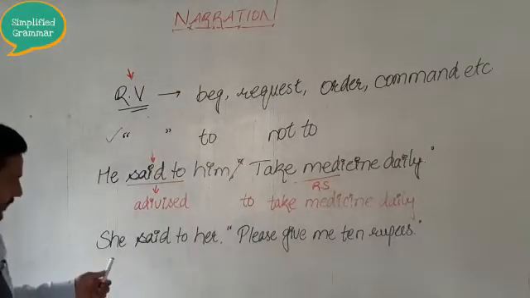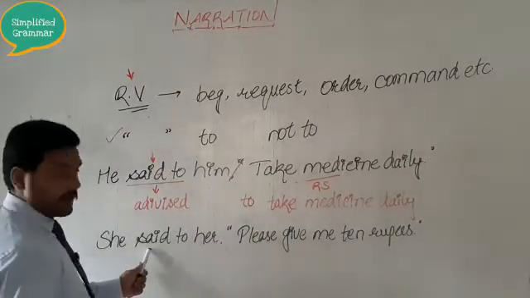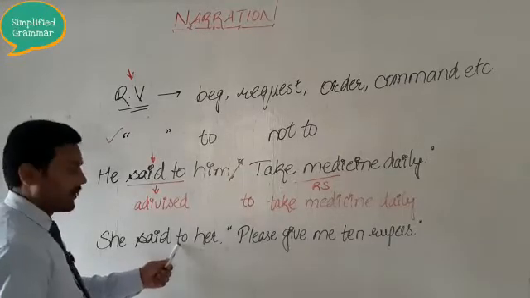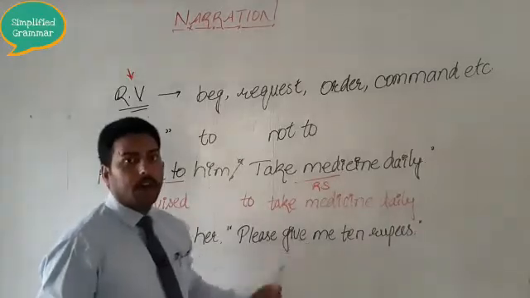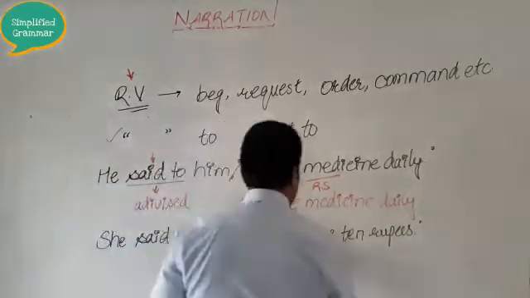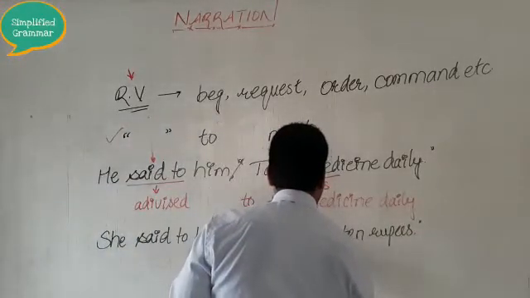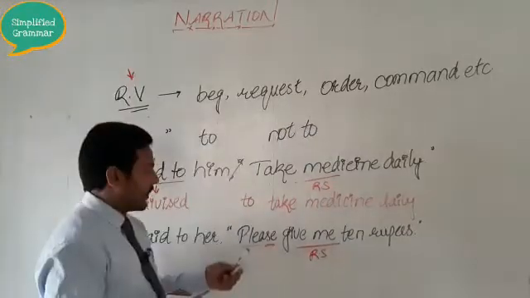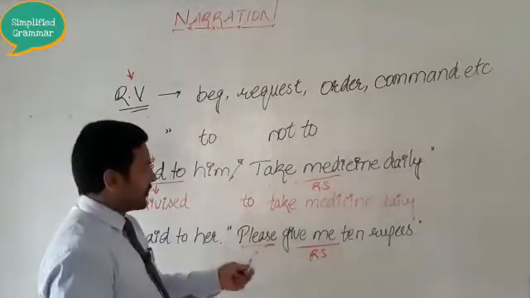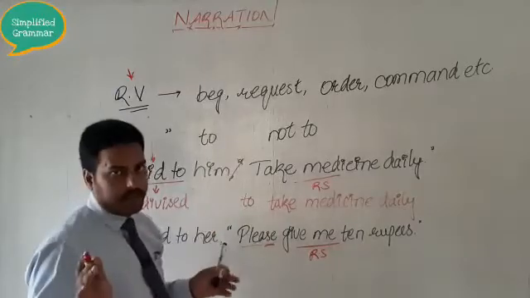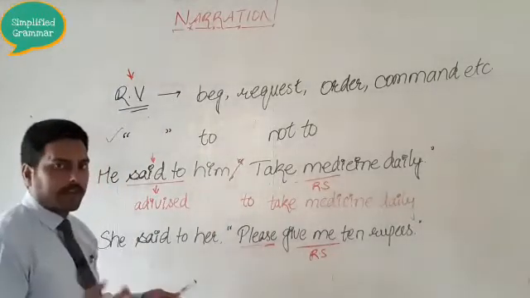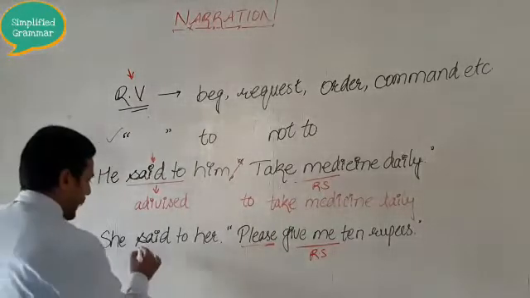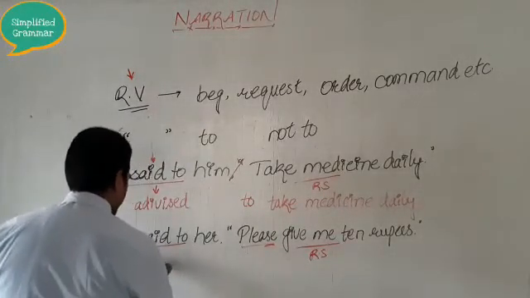Now once again here you can see a reported verb. The reported verb will change according to the expression of the reported speech. You can see in the reported speech the word please. The word please demonstrates here that somebody is requesting. So here the expression comes out of a request. So this said to will change into request.